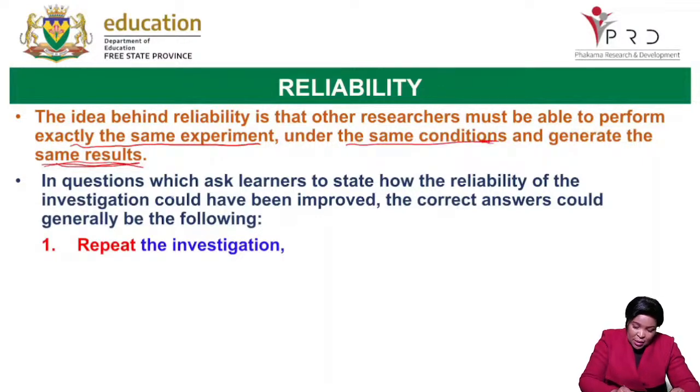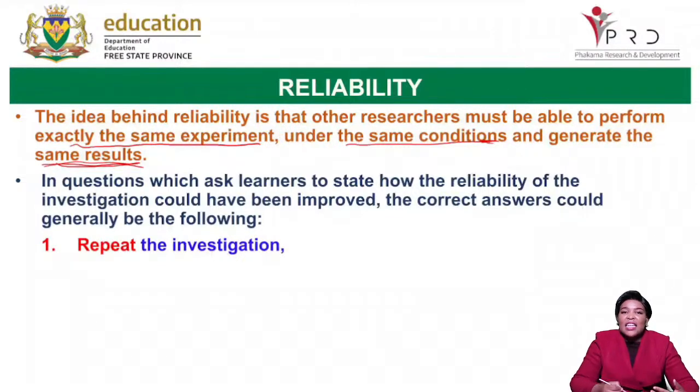Now, in questions which ask learners to state how the reliability of the investigation could have been improved, the correct answers could generally be the following. Repeat the investigation. Before you used to just stop here, but in your answering, please check how many times it was done and write how many times they must repeat it.